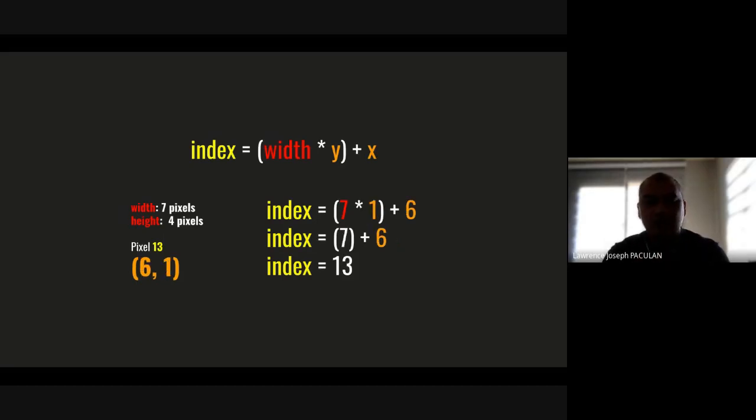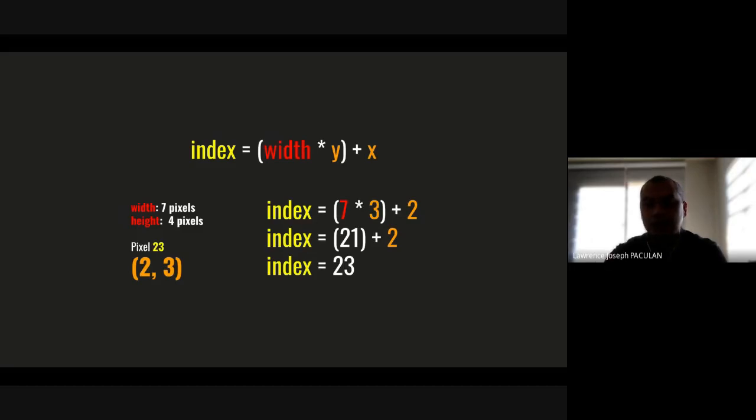For pixel 13, we were given the coordinate 6, 1. So we substitute the values in the formula. Width is still 7 because we're talking about the same image that is 7 by 4. So 7 times 1 is 7 plus 6, that's 13. This is how we get the particular index given the coordinates.